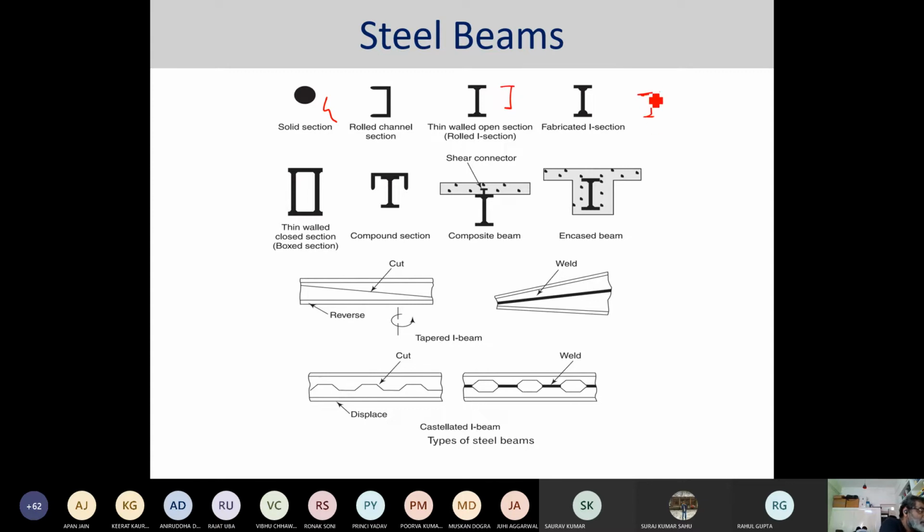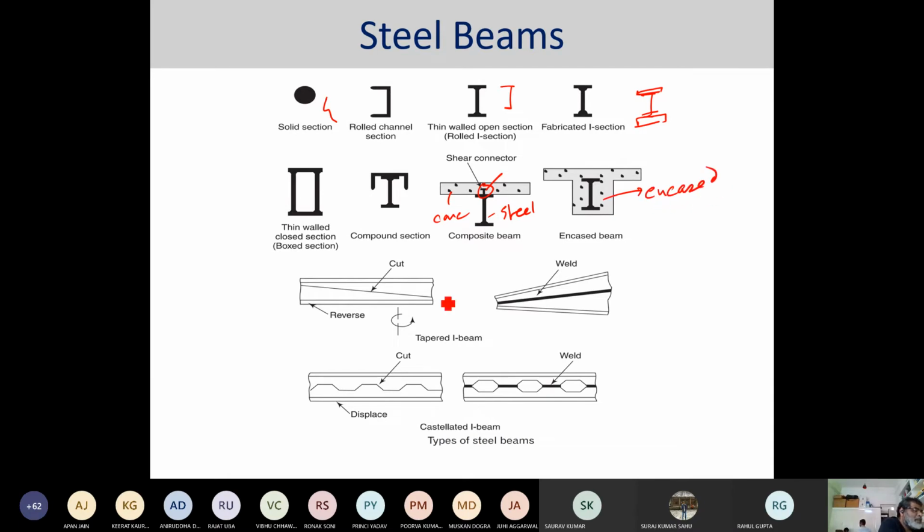You can have a built-up section. You can have a thin-walled section, a compound section. You can have a composite beam where this is steel and this is concrete, and this is your shear connector, which is ensuring that the system behaves in a homogeneous way. You can have an encased beam.